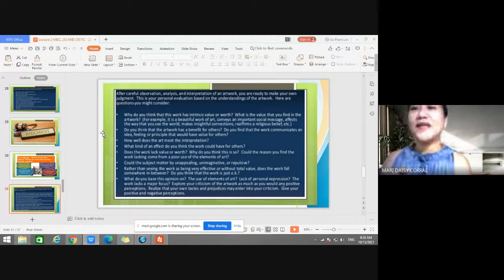That's judgment. Do you find that the work communicates an idea, feeling, or principle that would have value for others? So when you make a judgment, it could be associated with the value of the art piece to yourself, to the society, and to the whole world. The impact of that particular art is your judgment. Okay, so I hope that's clear regarding the four steps in trying to come up with your art critique.